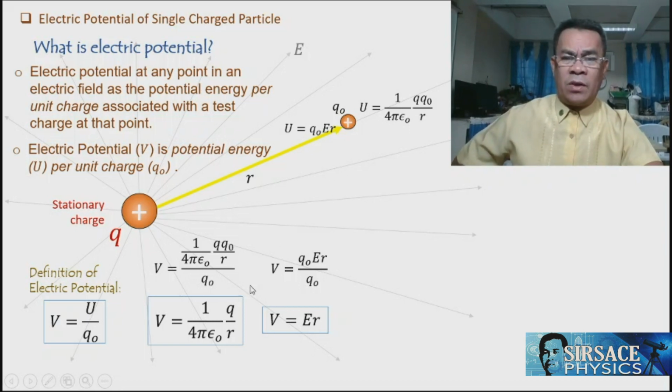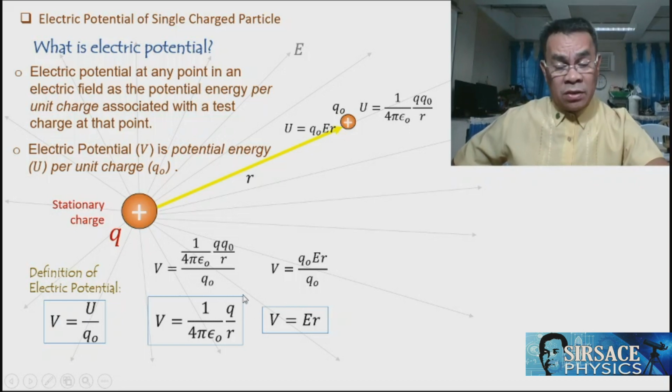Okay? So therefore, when you look at the formula, in order to calculate the value of the electric potential, we don't need the moving charge. So what we need is only the stationary charge and its radius. Unlike calculating the energy at this point, you need the two charges, the source charge or the stationary charge and the moving charge, then its distance.